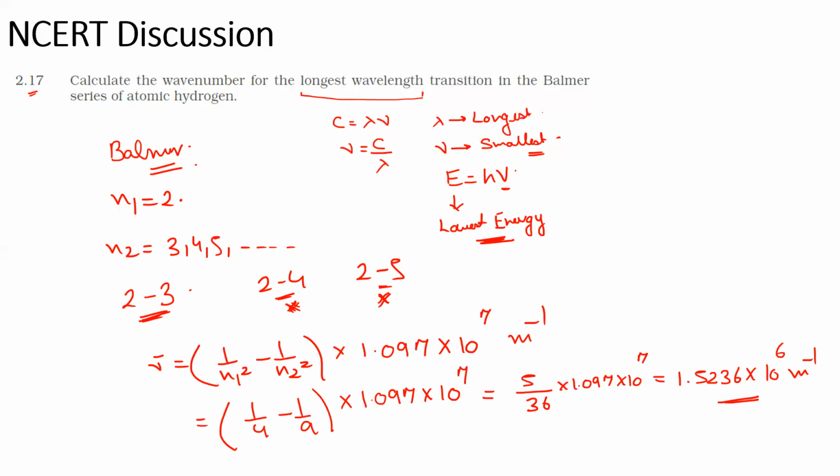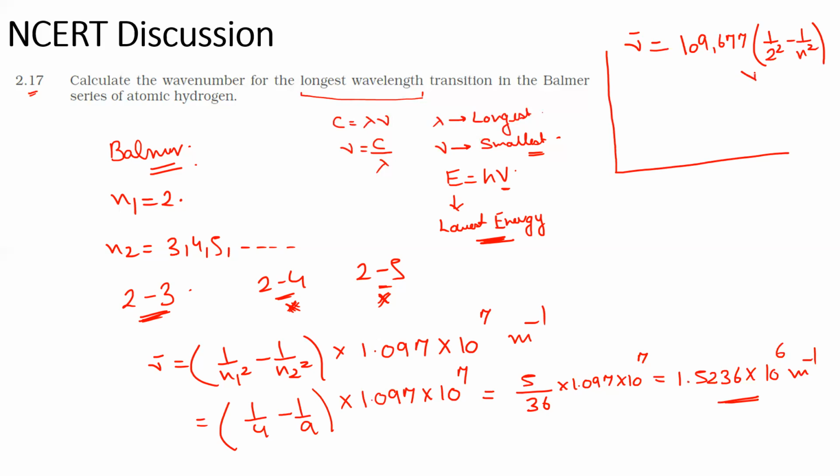One of the confusions that students usually have in this question is that there's a formula in the NCERT which says the wave number is equal to 109,677 into 1 upon 2 square minus 1 upon n square for Balmer series.